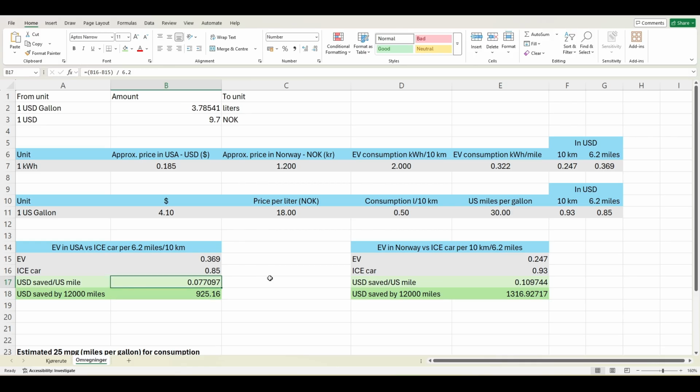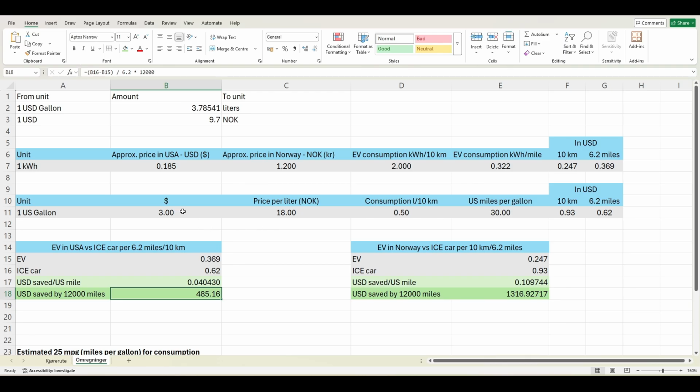But still, the EV is so much more superior. So what if the price for one US gallon falls down to about $3 USD? You still save about $500 a year.